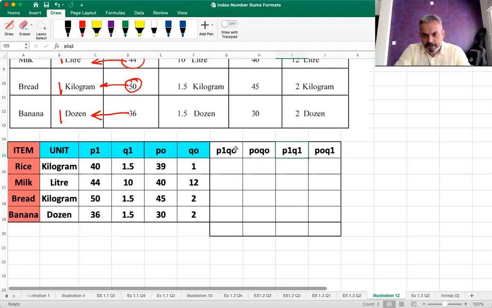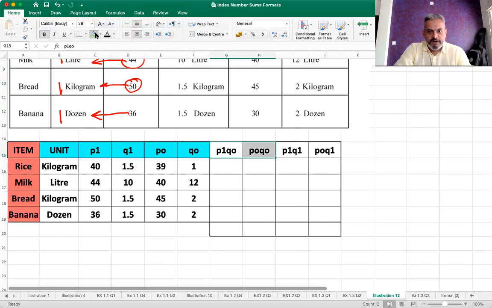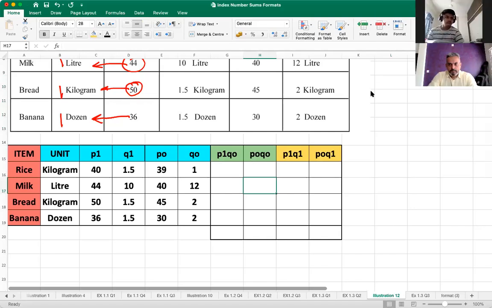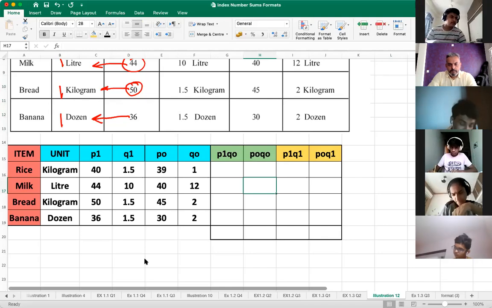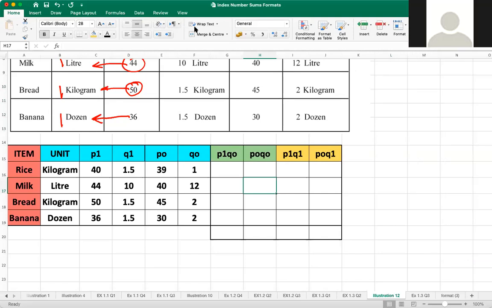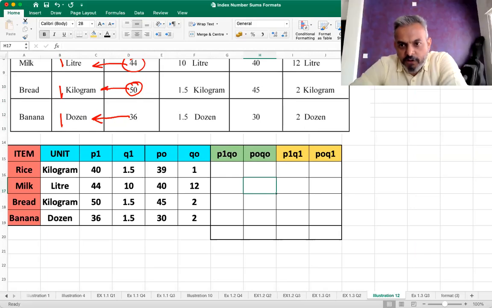These two are for Laspeyre and these two for Paasche. We give them some shade. Are all ready with the format? Yes, sir. Now, while calculating, please be very careful. Don't make mistakes. Be careful about the column.